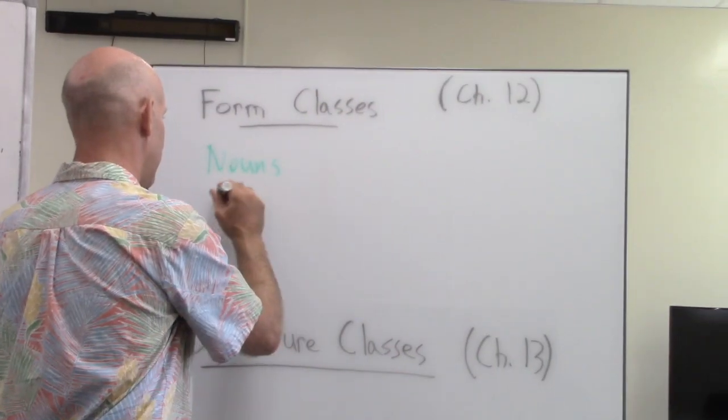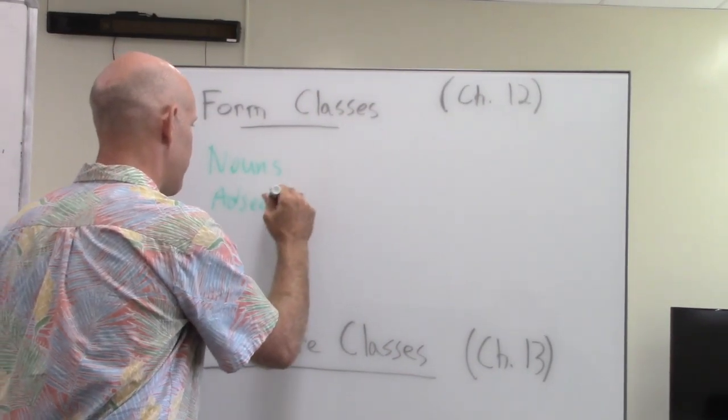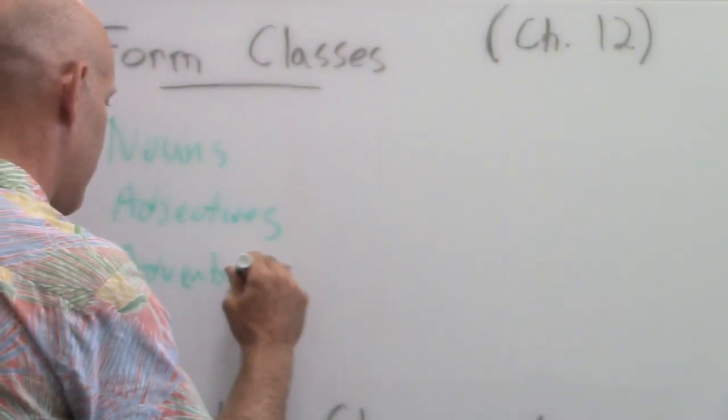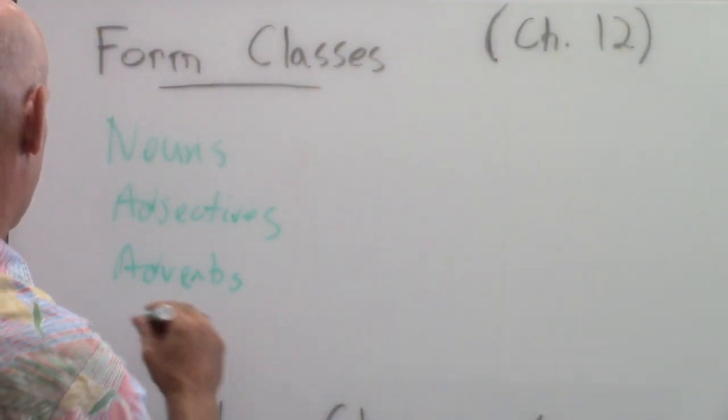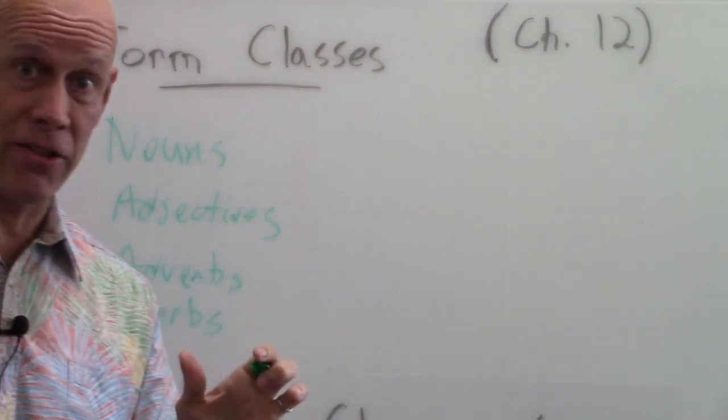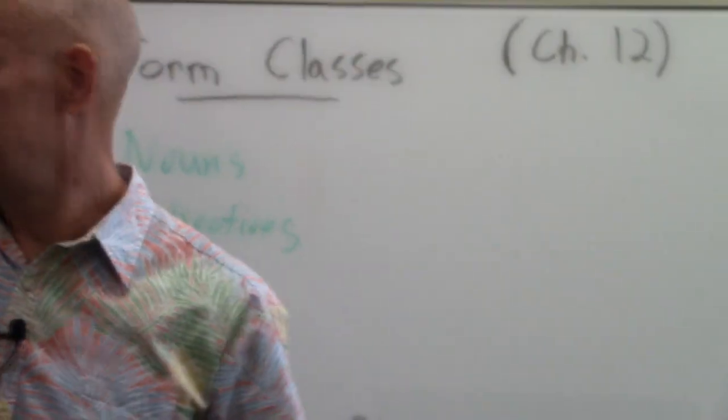Form classes are your nouns, adjectives, adverbs, and verbs. If you start naming these things, they become easier to see in the sentence.